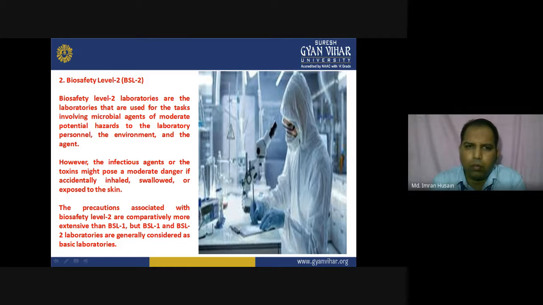This is true because when you are training each and every individual in basic medical microbiological technique, you need a slight variation. Level 1, now you move on to level 2. Before moving to level 3 and 4, because when you move towards level 3 and level 4, you are already expected to be well versed in all the technologies and techniques on all the equipment that are employed and utilized in the laboratories.